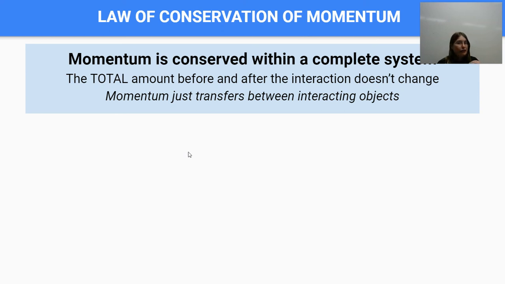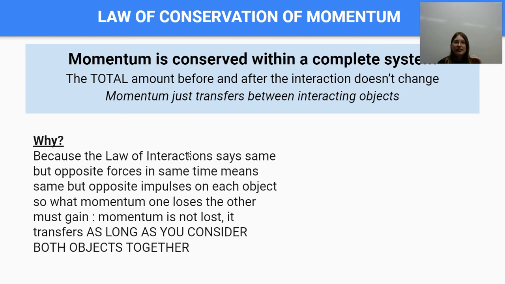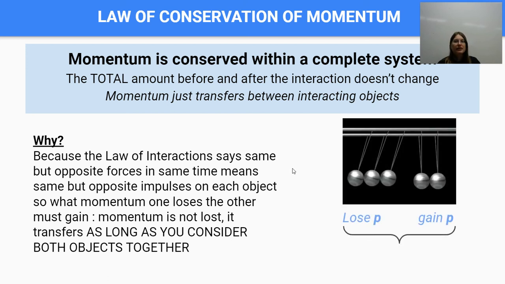And as a reminder of why, the law of interaction says the same but opposite forces in the same time is the same but opposite impulse. So what momentum one is going to lose, the other is going to gain. It's just transferring as long as you consider both of them together. Got it? Momentum is conserved. It transfers. What? It's awesome.